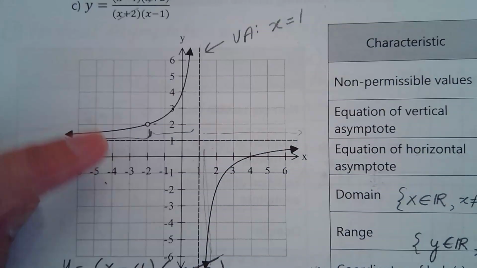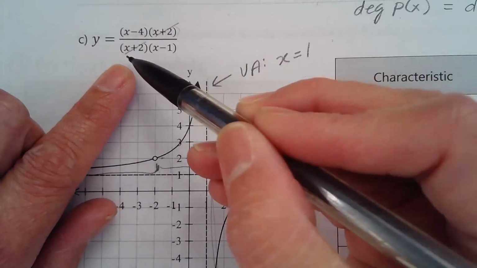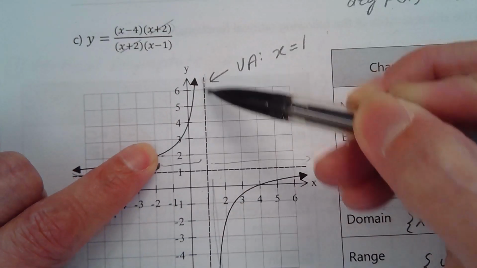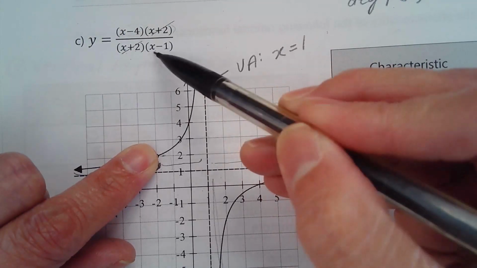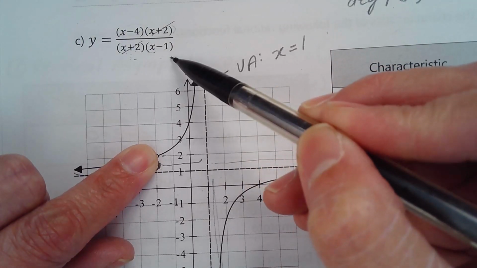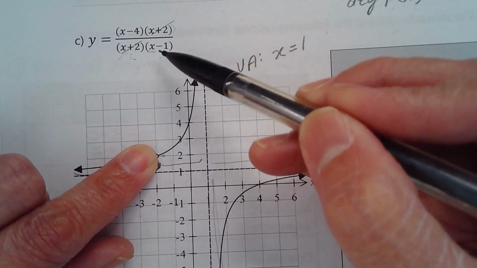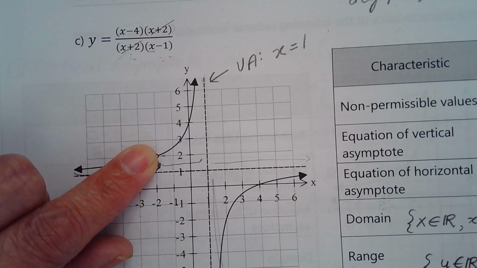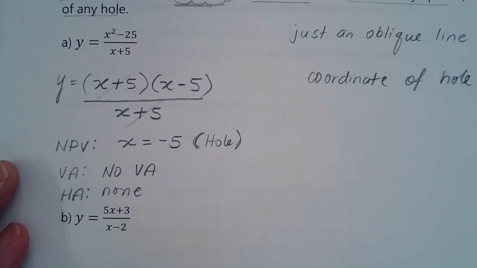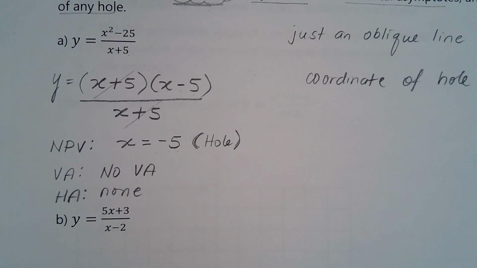If we look at this one here, this one has a hole and also has a vertical asymptote. That's if we have two factors. If one cancels, then that's going to give you the hole, and the one that doesn't cancel, that's your vertical asymptote. Did I answer your question? Yeah. The one we cancel cannot be vertical. Yeah, the one that we cancel cannot be vertical. Nicely said.